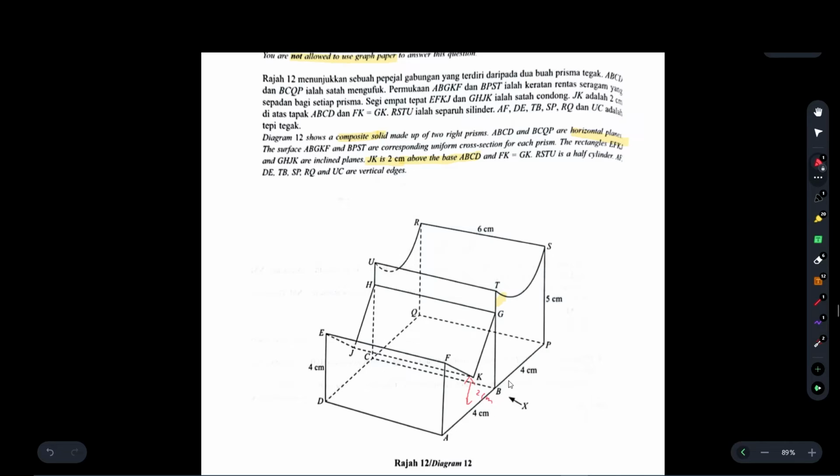And FK equals GK, this is the same. And RSTU is the half cylinder, and the rest of these are vertical edges.